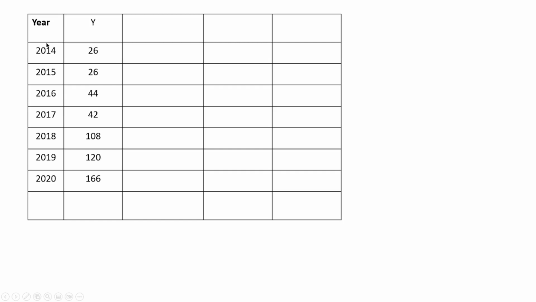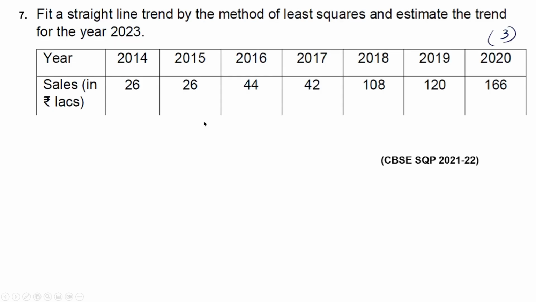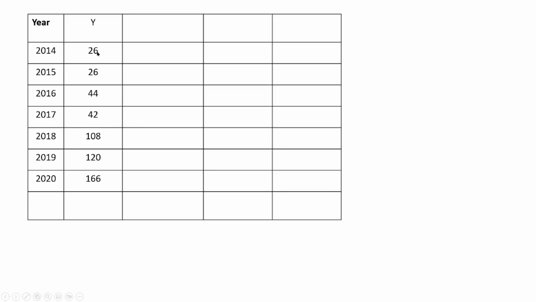So here let us draw a table like this. Let us write the values which are given in the question. So for various years, let us take the value of sales in rupees lakhs as Y. The various values are 26, 26, 44, 42, 108, 120 and 166.